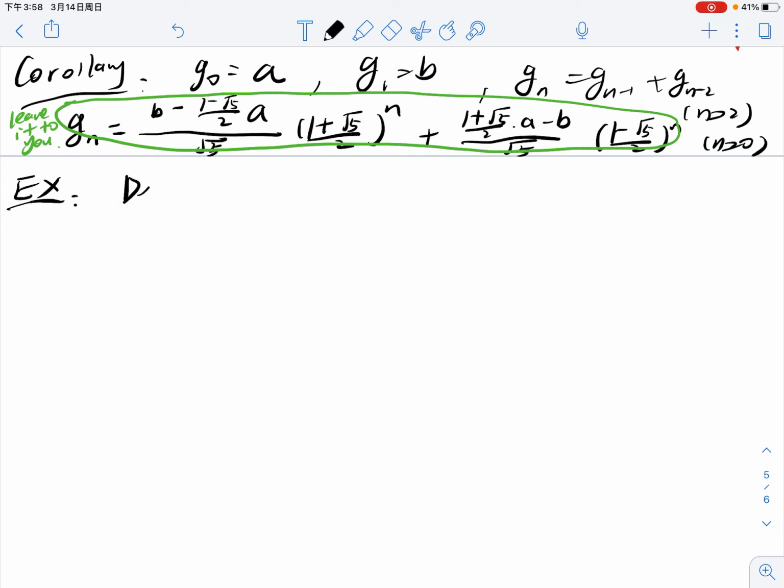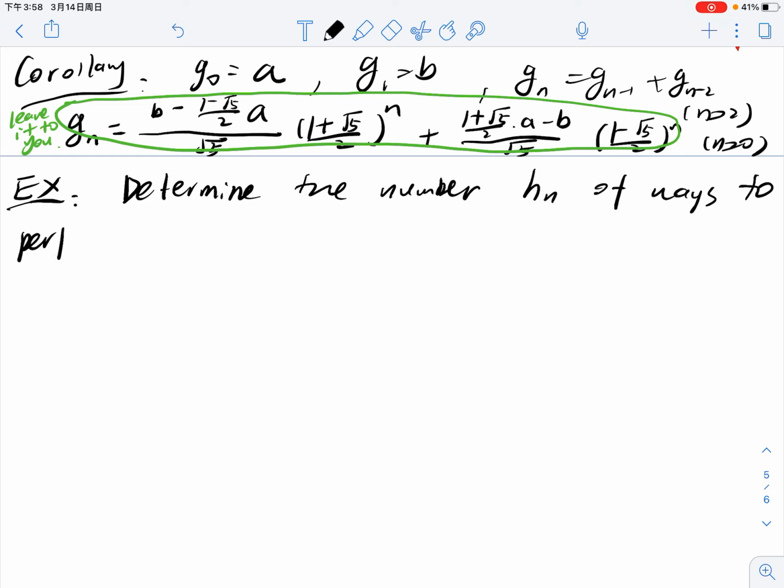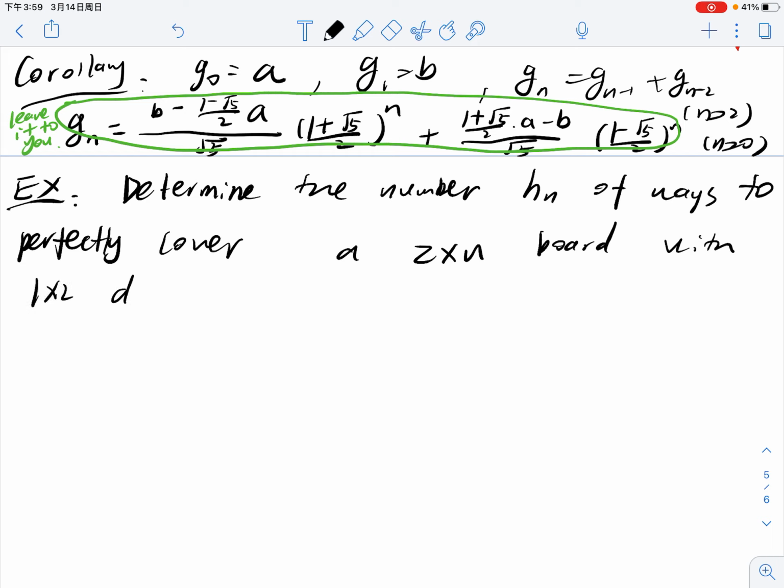So, determine the number Hn of ways to perfectly cover a 2 by n board with 1 times 2 dominoes. So here perfect means no overlap.